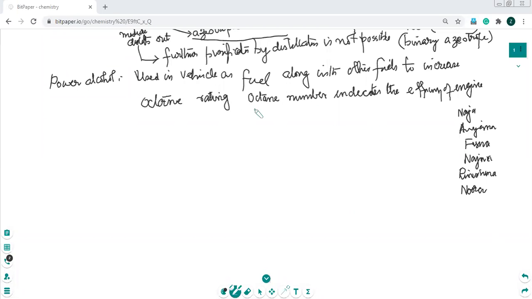So octane number, now what is octane number? Octane number indicates the efficiency of the engine, that is anti-knocking property.